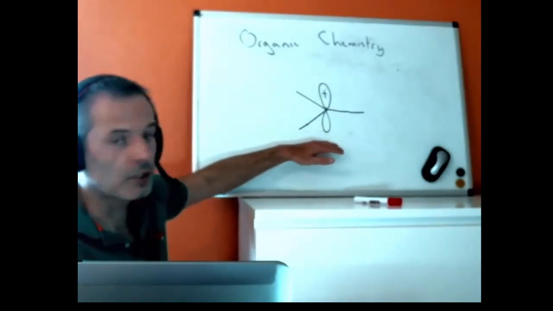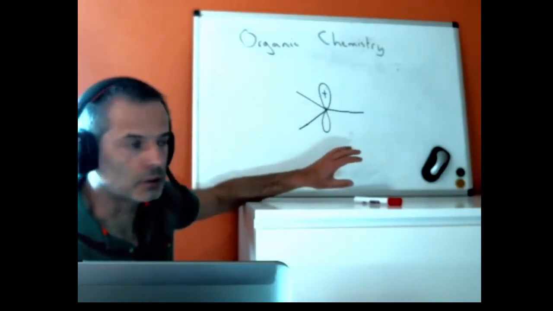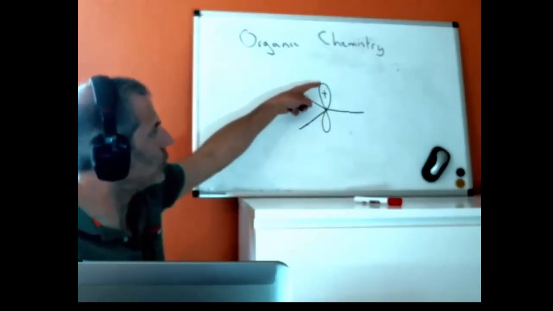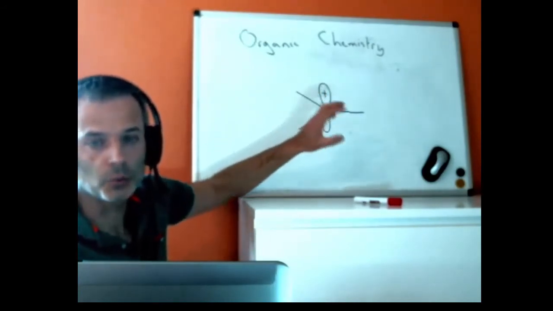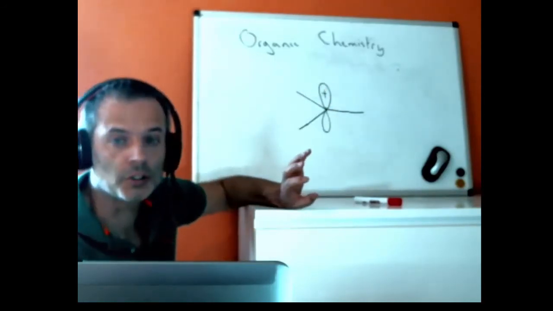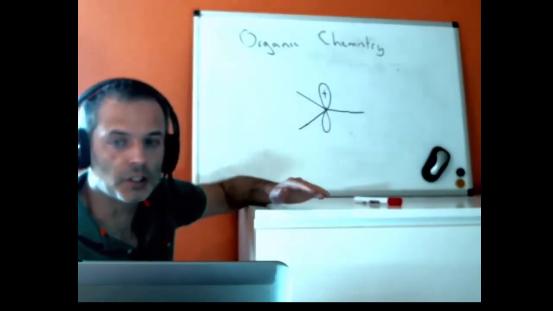That means that this reaction is more likely in a polar solvent. So if we take water as the solvent, the oxygen of the water, the lone pair on the oxygen of the water will stick to this positive charge and make the activation energy lower.